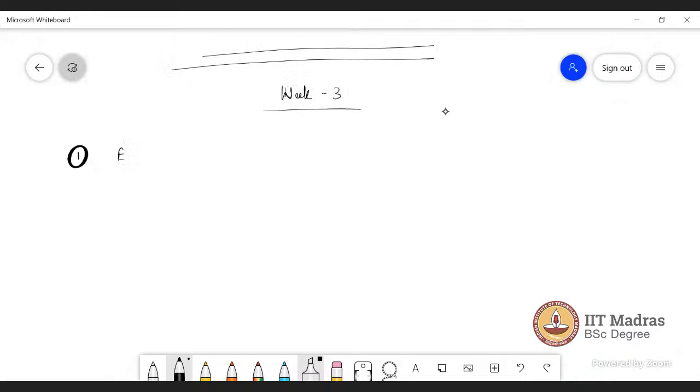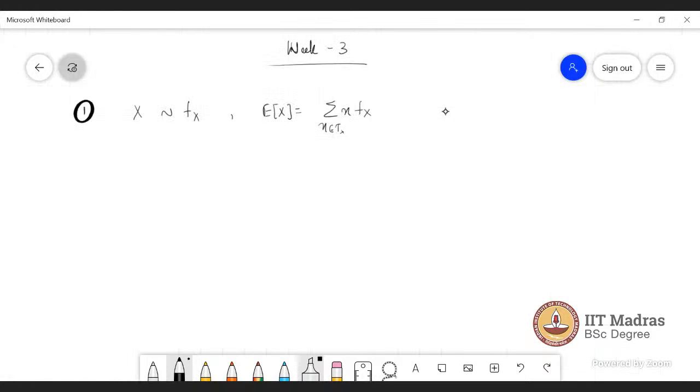If you have a random variable X with distribution fx, then the expectation of X is the sum over x times fx, where x belongs to the range of X. This is in the case of discrete. If X is a continuous random variable, then in place of summation you will do the integration of x times fx dx, where x belongs to the support of X.